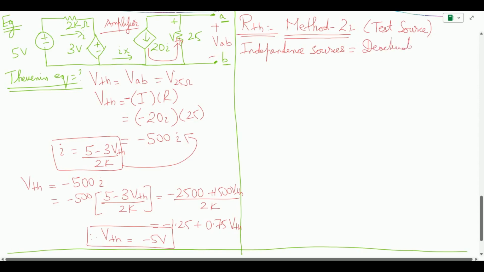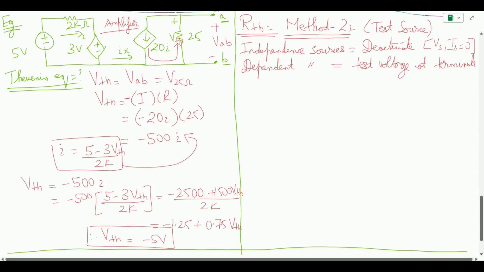By deactivation, we mean we make the sources IS and VS equal to 0. But once we have a dependent source, we use a test voltage at the terminals. What it means, we'll shortly see.